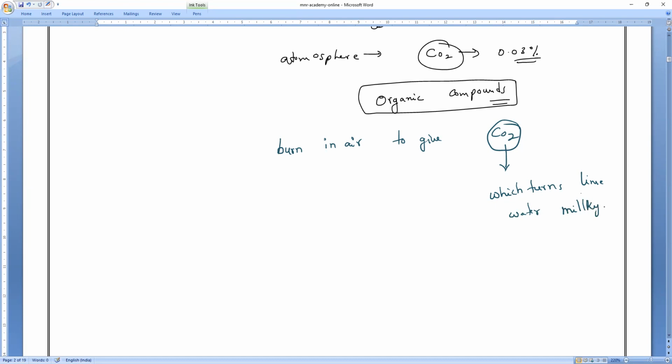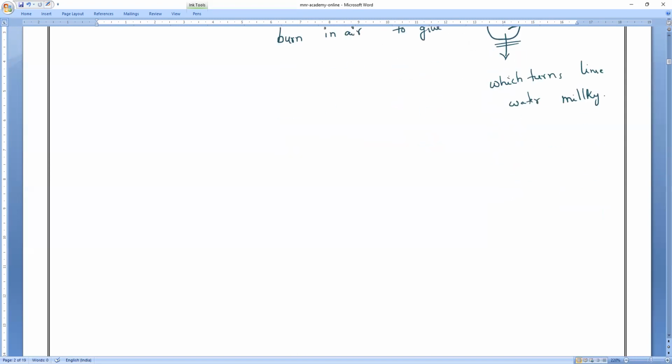So if you burn any substance at home and it gives carbon dioxide, the lime water will always turn milky. Then it definitely contains carbon. That is the test we use for carbon compounds. Are you clear, everybody?